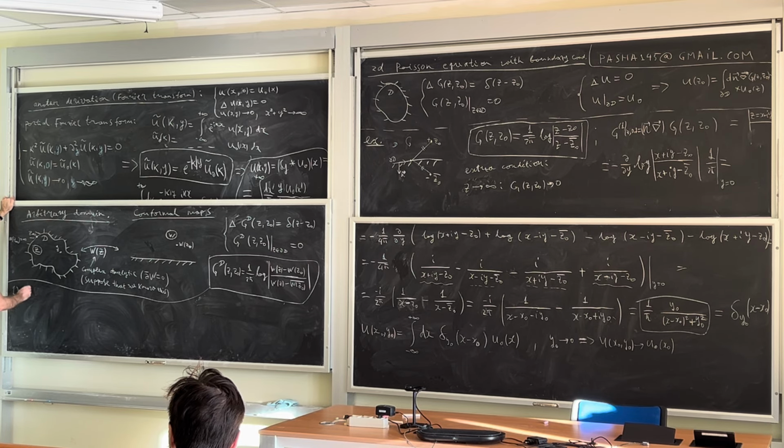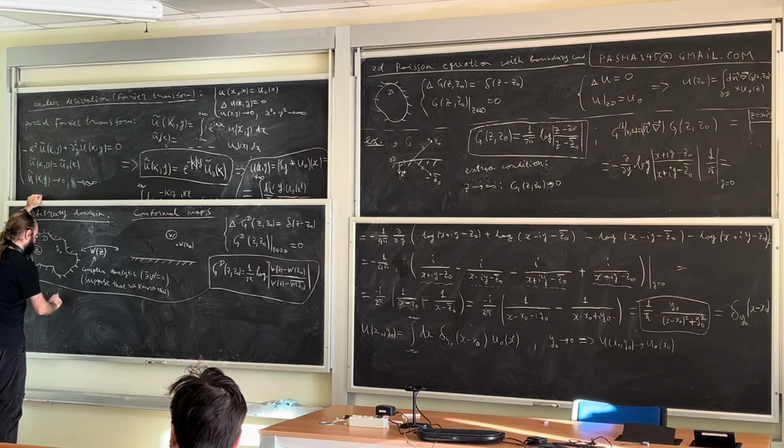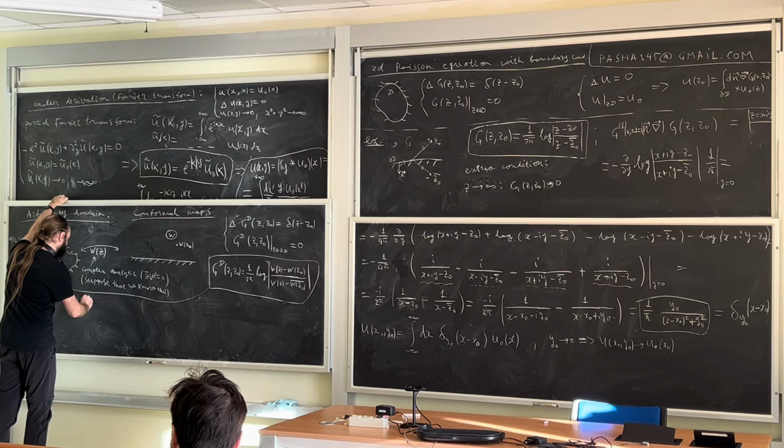So if z is different from z0, then this Green function is a sum of a holomorphic and an anti-holomorphic part.